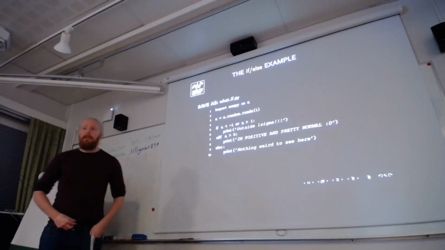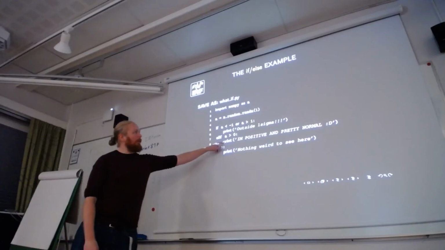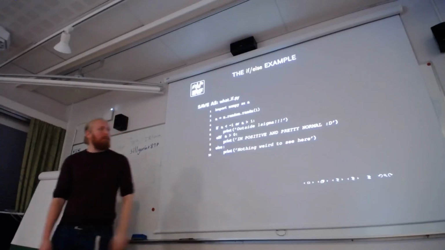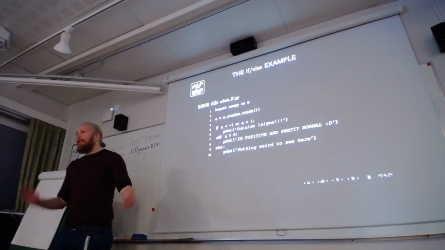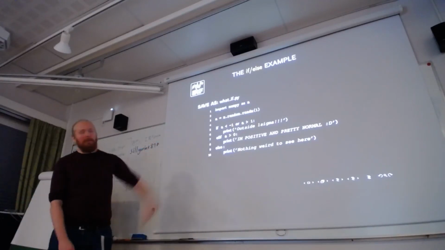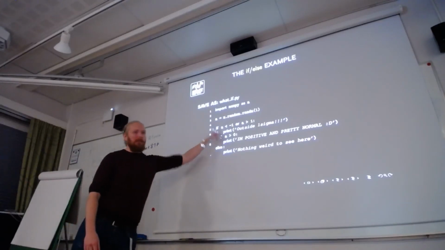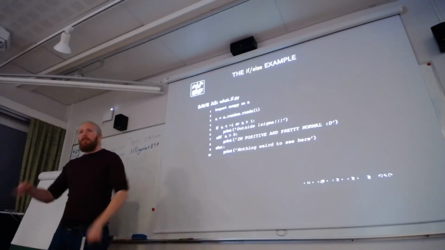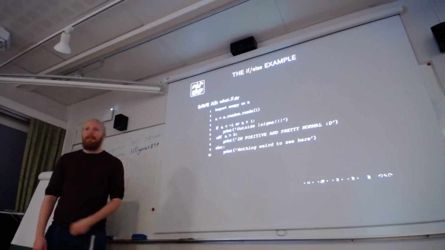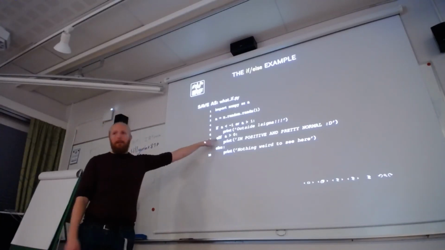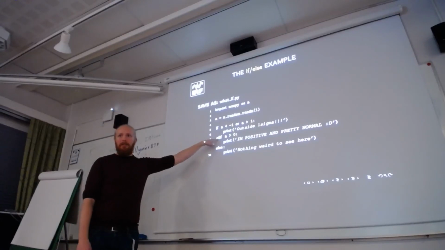And yeah, so why this prints that I'm positive, I'm pretty normal, is because A is from a normal distribution. First, it checks if it's outside 1 sigma, in other words, if it's not that normal. And if it's inside 1 sigma, it checks this statement. And then it just evaluates this if it's true, which means if it's positive.